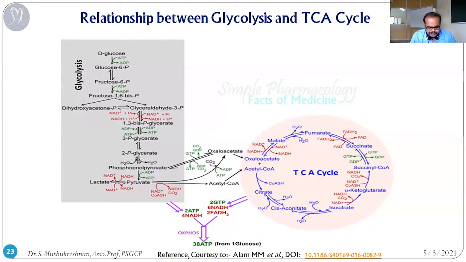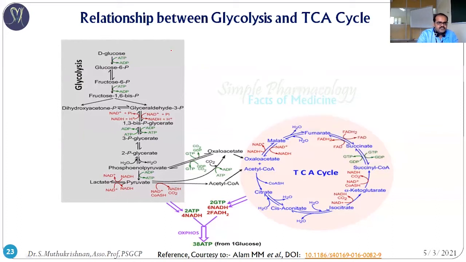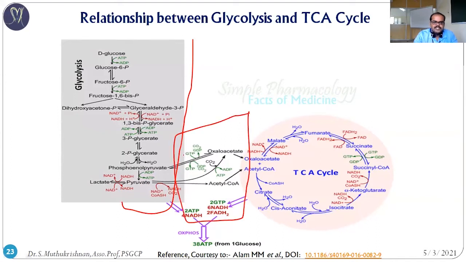I can give one picture. This picture exactly gives the relation between glycolysis and the TCA cycle. You can see here, this is the glycolysis process. Once the pyruvate is formed, it enters into the TCA cycle. In between, there are some other processes, that means the pyruvate, otherwise lactate, interchange.